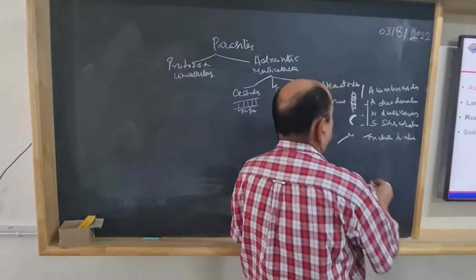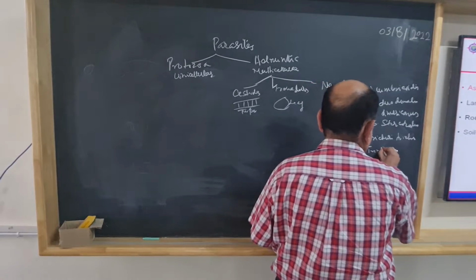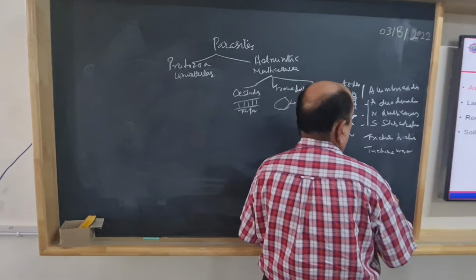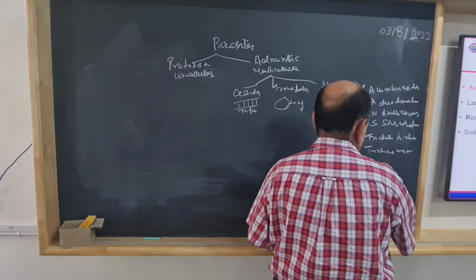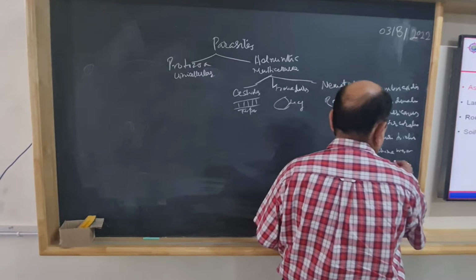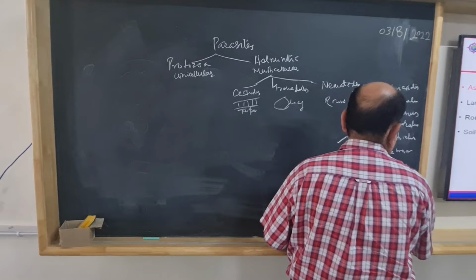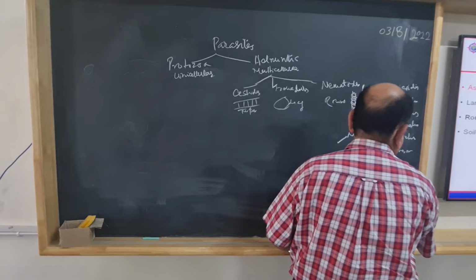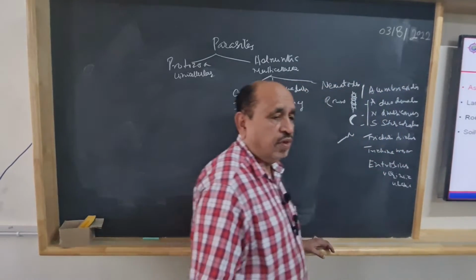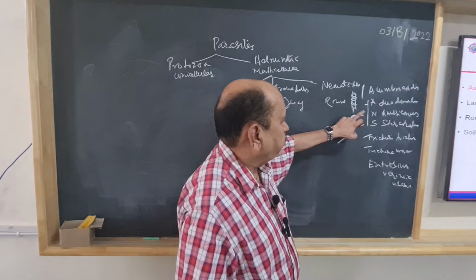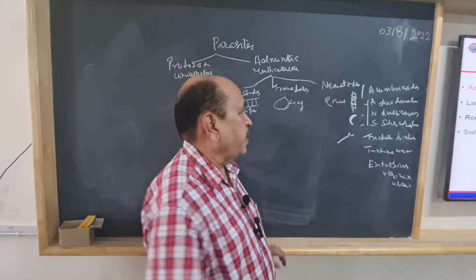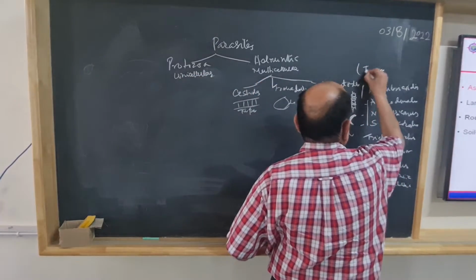Then Trichinella. Then Enterobius vermicularis. So, there are 7 intestinal nematodes.